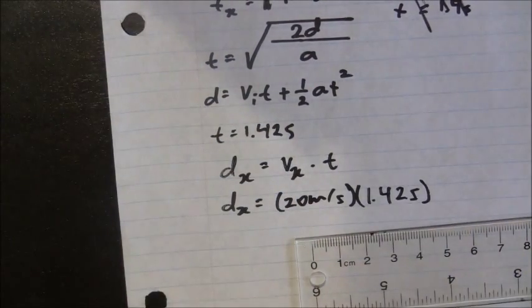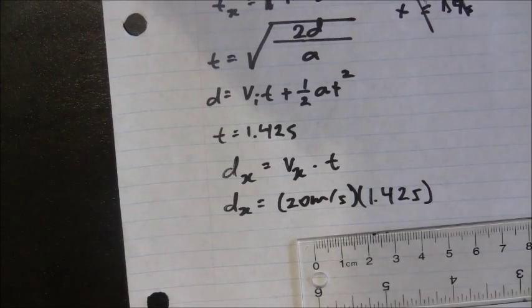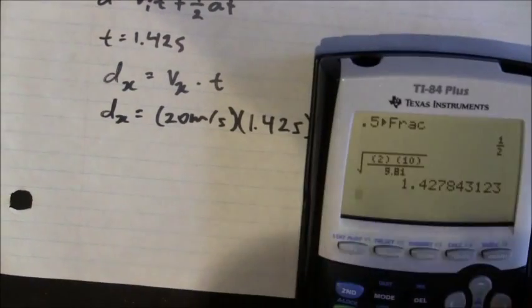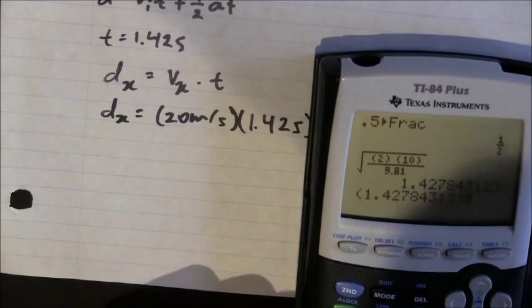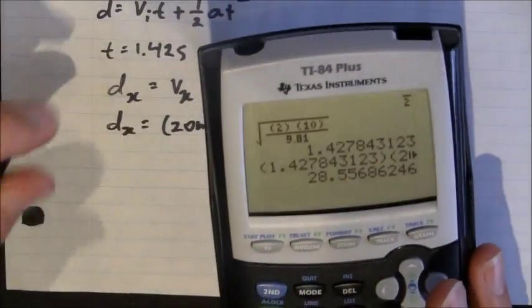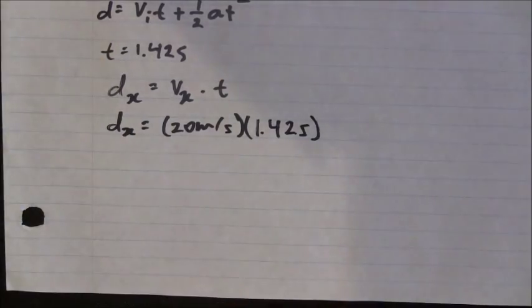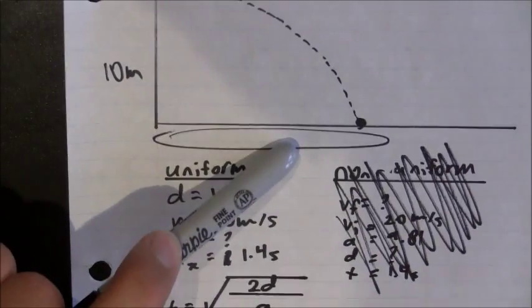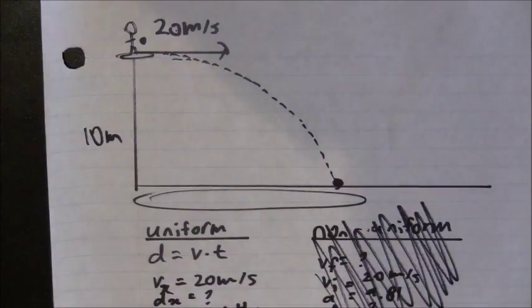Well, it'd be 28.4 if I were to round it correctly, but oh well. Let's just plug that in. It would land 28 meters from the base. And that's all it is.